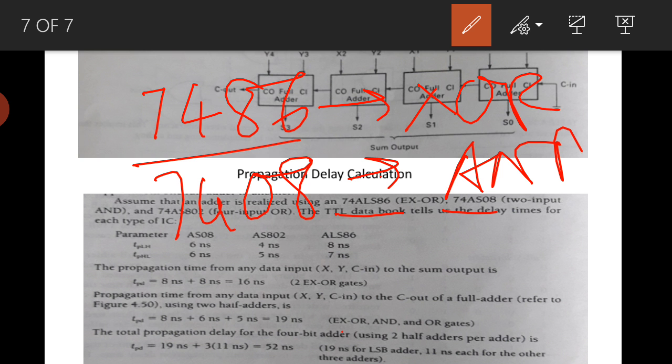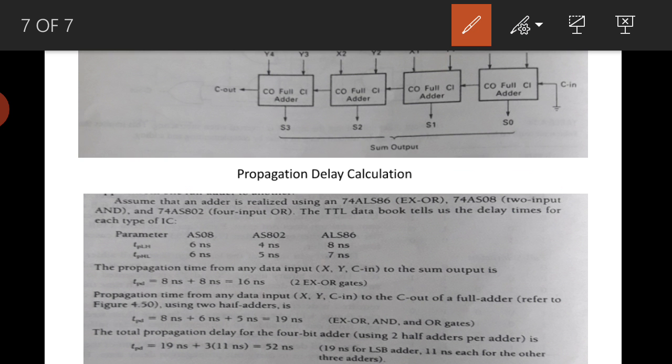And one more, for the 4 input OR gate, the IC name is 802. So here, what is the propagation delay?